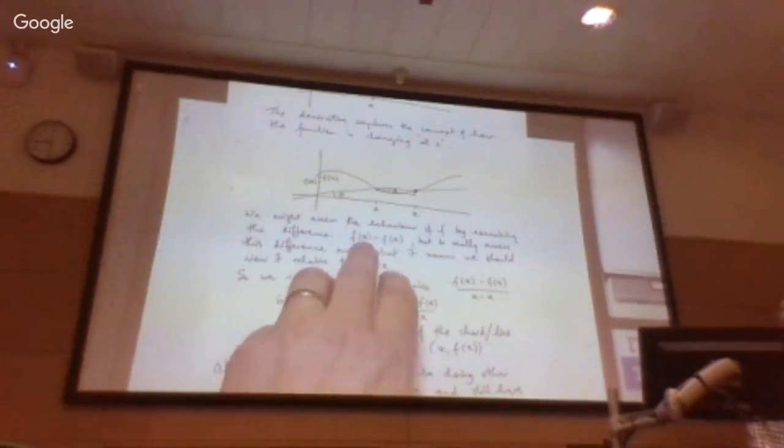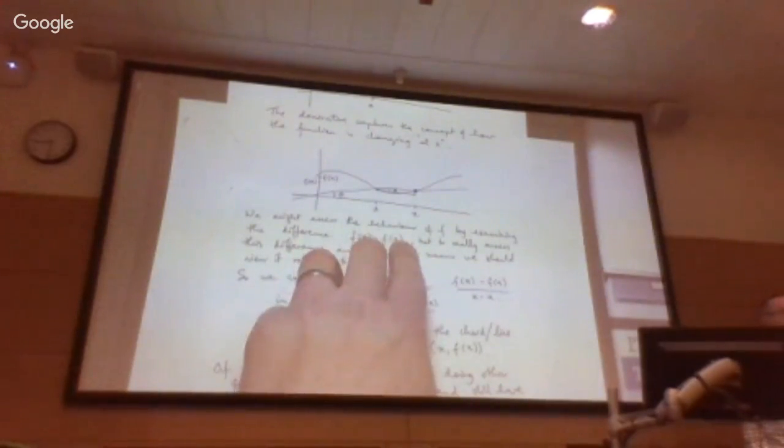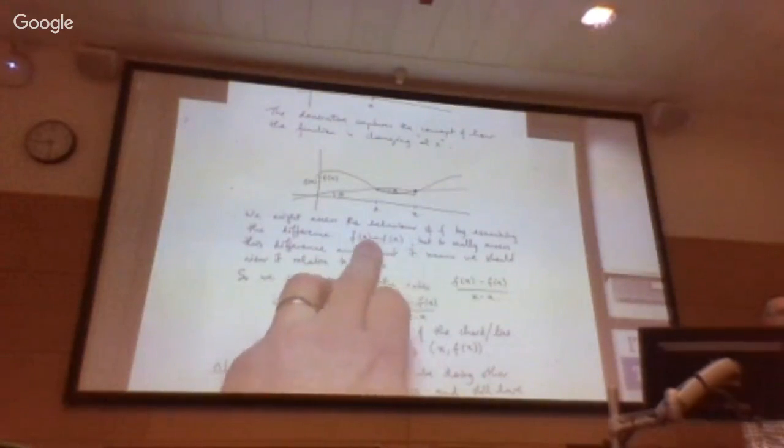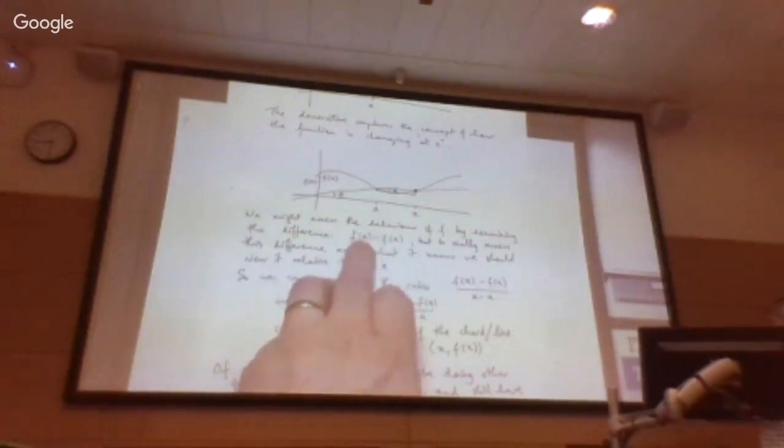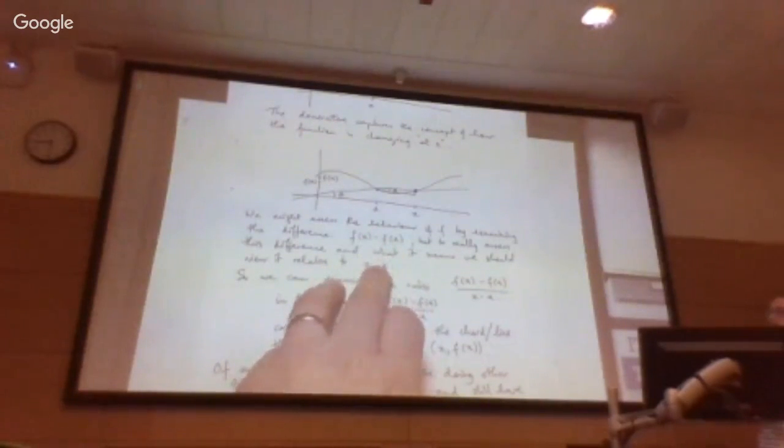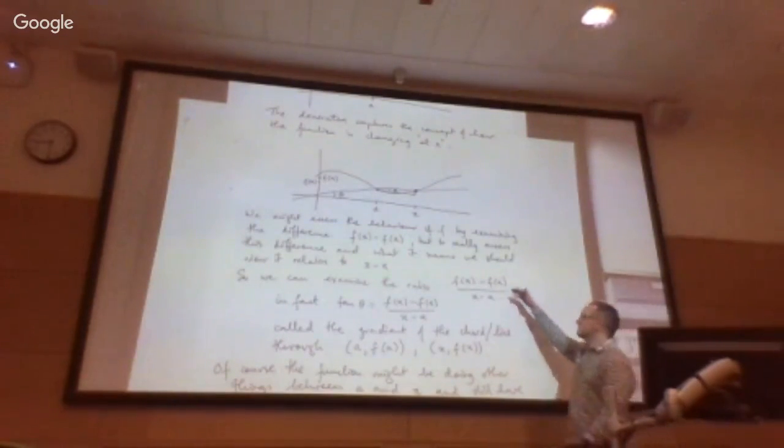You really need to know how far away x is from the point A. Then you judge the size of this difference relative to how far x has moved away. So you should view this f of x minus f of a relative to x minus a. And what that means is you look at the ratio of the two.